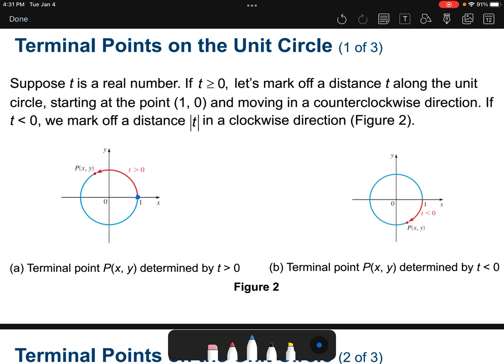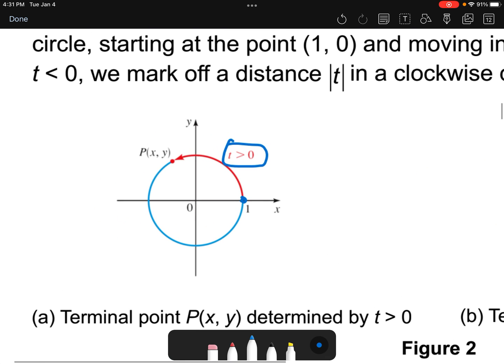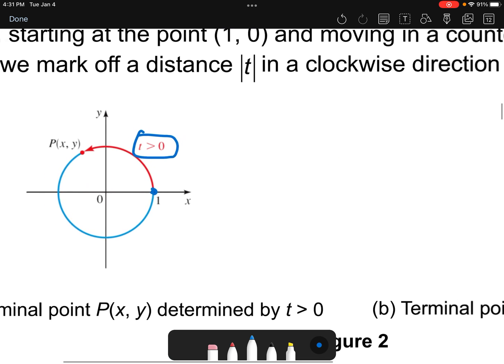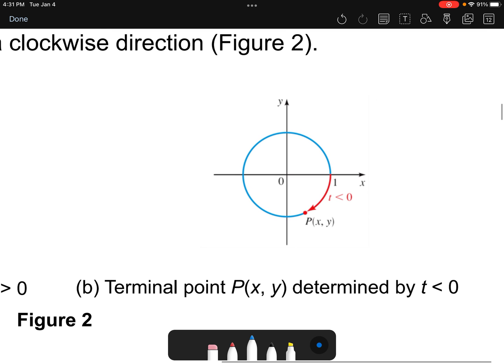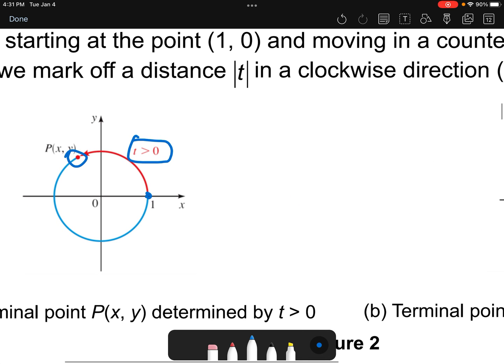If we go counterclockwise, that is what we call a positive direction. So t is greater than 0. But if we go the other direction, if we go clockwise, t is negative. It's less than 0.